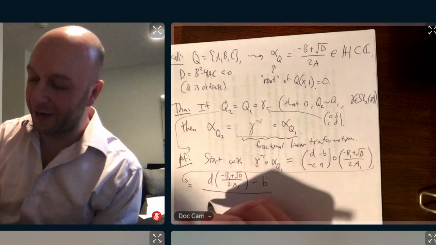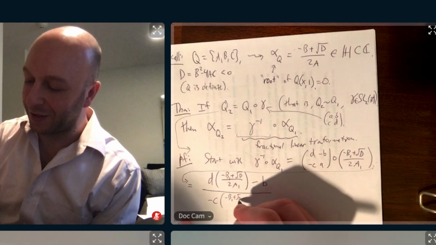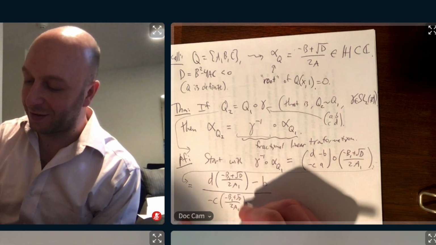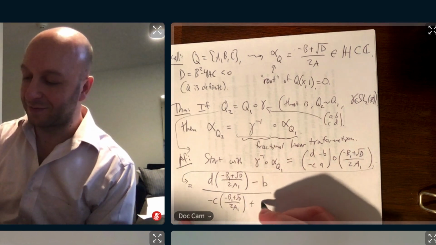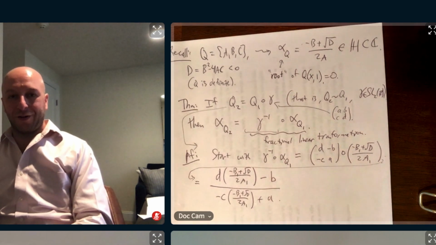So now we have negative c times negative b1 plus root D over 2a1 plus a. Does everyone follow all of this computation?